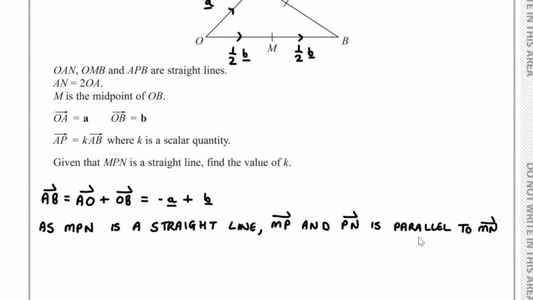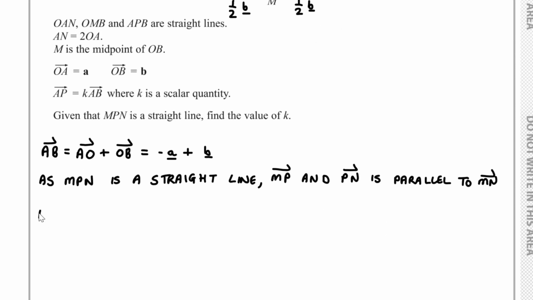So how does this help us? Well, if we find out what AP is, k lots of AB. We already know what AB is, we found it over here. So we've got k lots of minus a plus b. In other words, we've got minus ka plus kb. And then we've got MN.